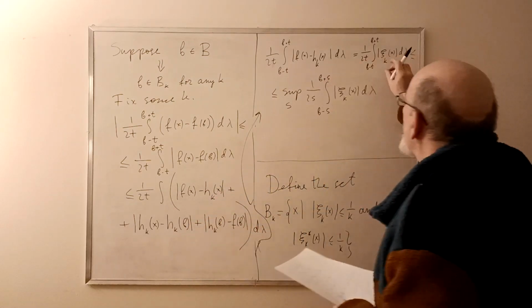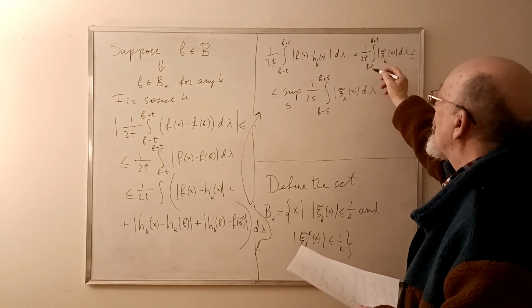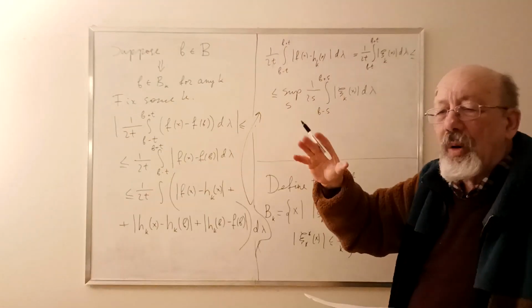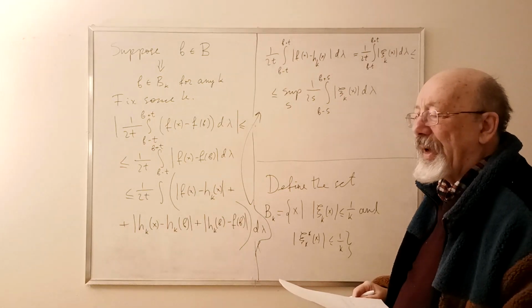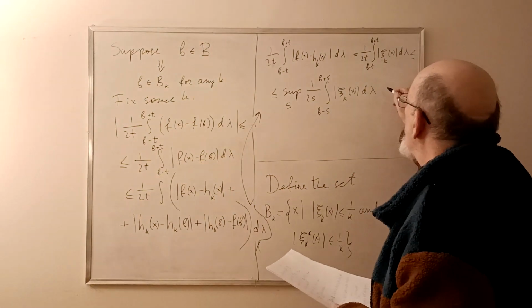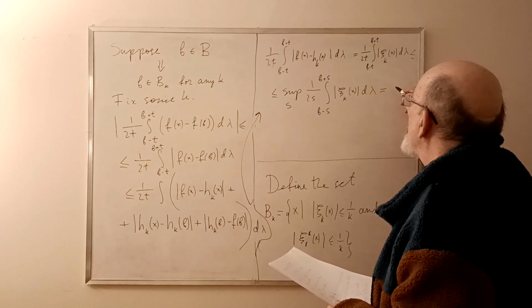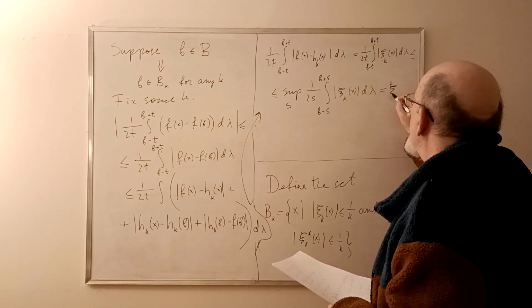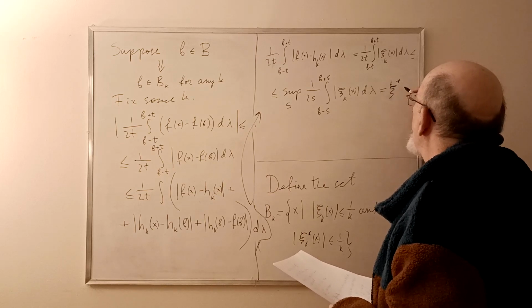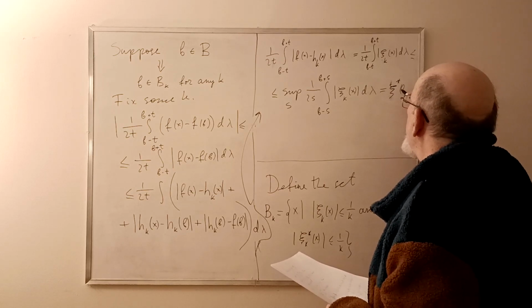So instead of one t, we consider all positive s. Which is simply c star of b.